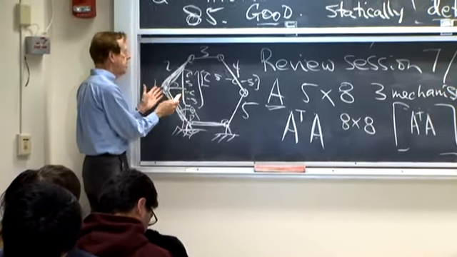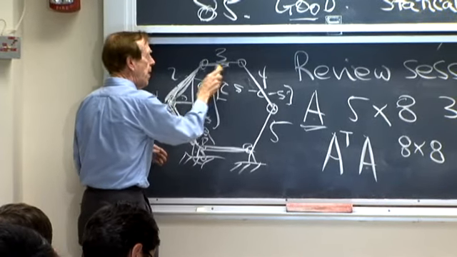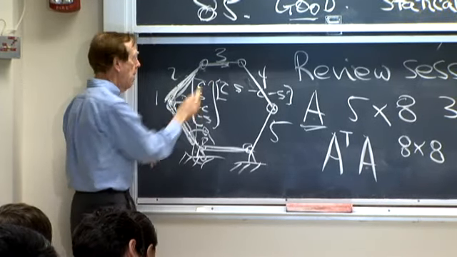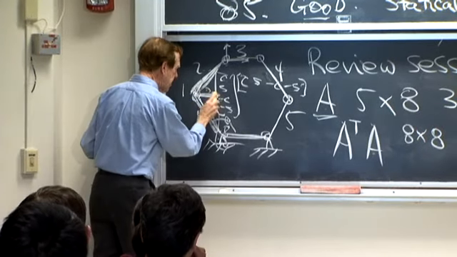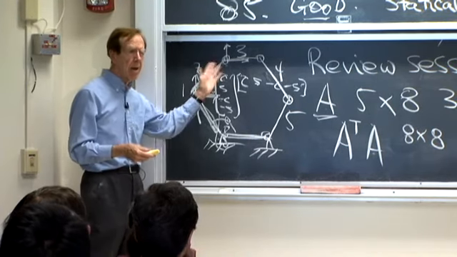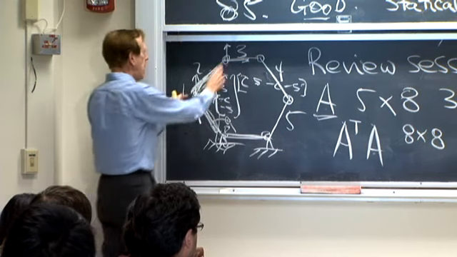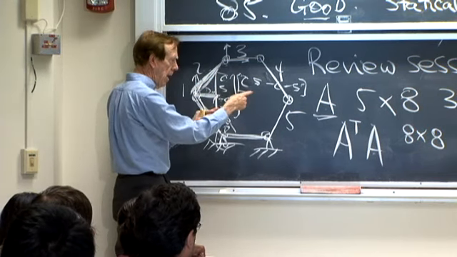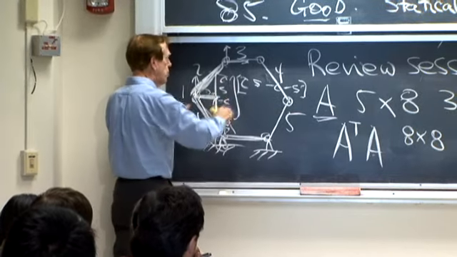Our convention is to decide that movement that way is plus, and movement this way is plus. And here, similarly, that's a plus movement and that's a plus movement. That's our sign convention. If we always do that, then the A matrix is telling us how much this bar stretches.